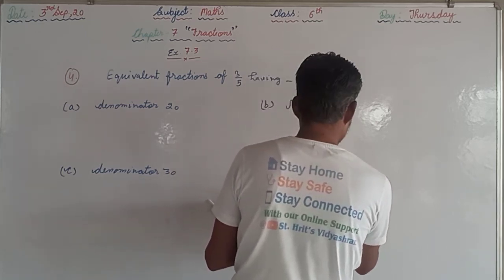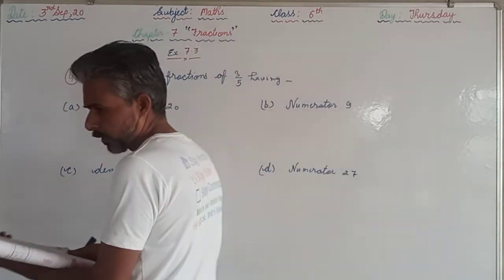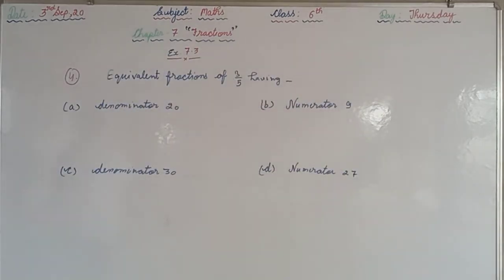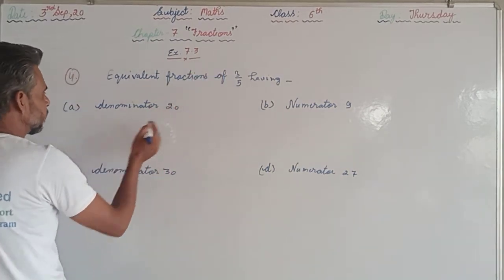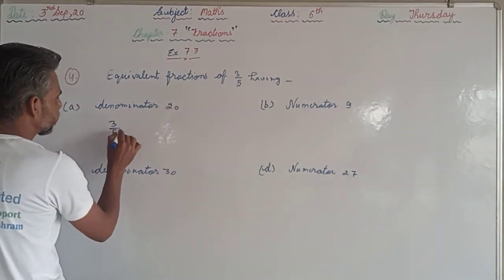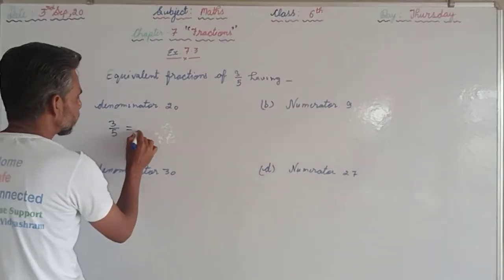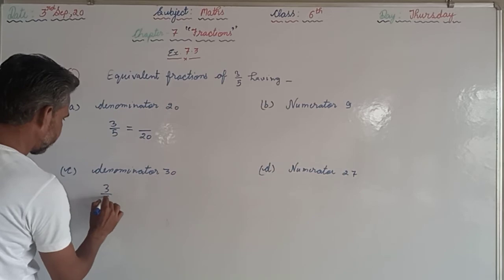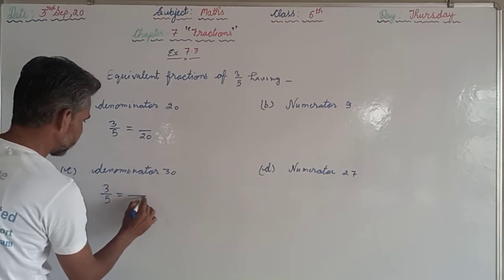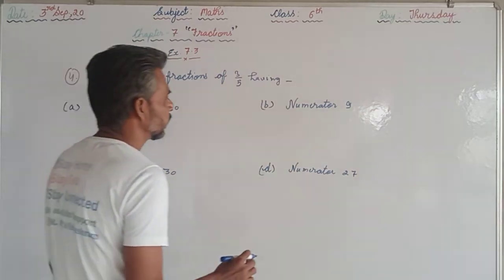So we can reduce this question to the previous question. The fraction 3 upon 5 should be equal to denominator 20. Here 3 upon 5 should be equal to denominator 30.